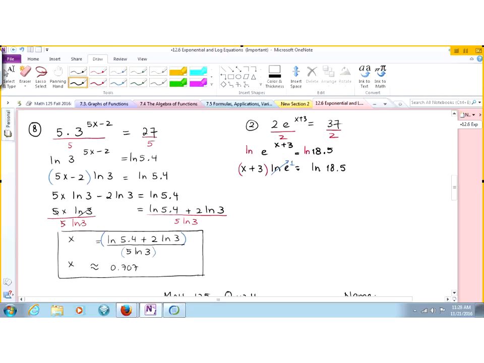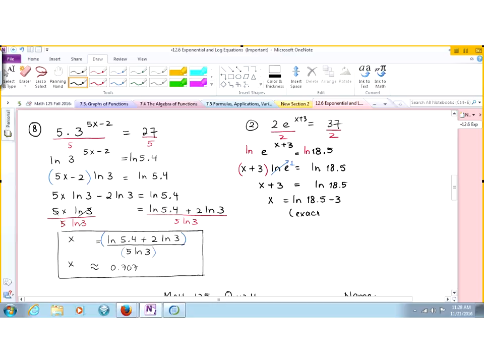Okay. So x plus 3 times 1 is just x plus 3. Okay, good. Now, how do we solve for x? Subtract 3. So x is equal to ln 18.5 minus 3.